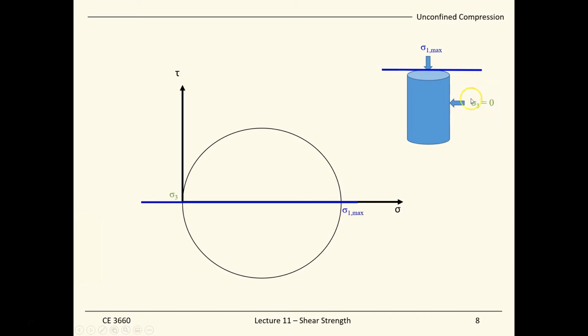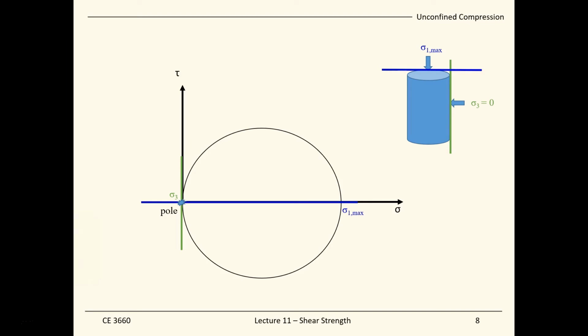Another point that we have is sigma 3 equals 0, which is this point right here. And the plane is the vertical plane that sigma 3 acts on. The pole will be the intersection of the sigma 1 and sigma 3 planes. So we know the pole.